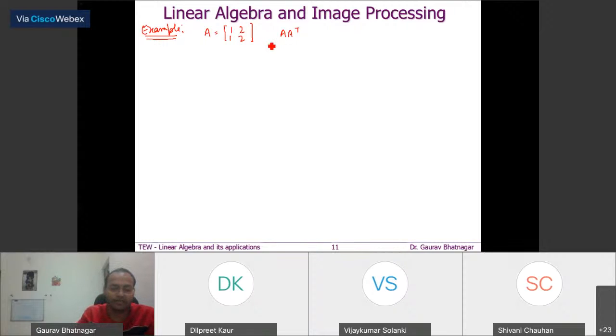In this case, I can choose any one of them, so let me choose A transpose A. A transpose A is the multiplication of these two matrices, and let me quickly write down the matrix: 2, 4, 4, 8. Is it correct? Can anyone check it? If I do A transpose A, should I get the same matrix that I have over here?